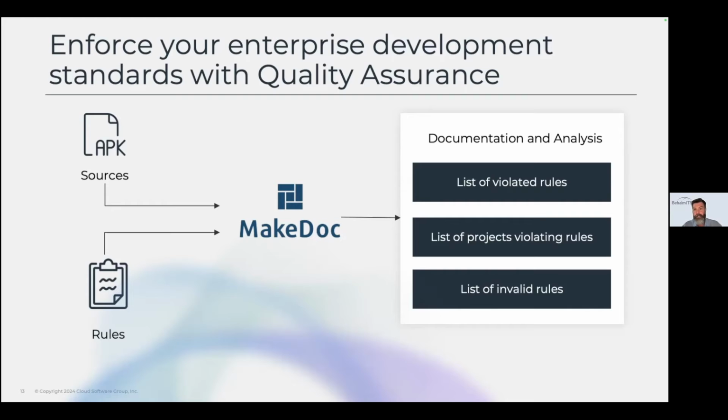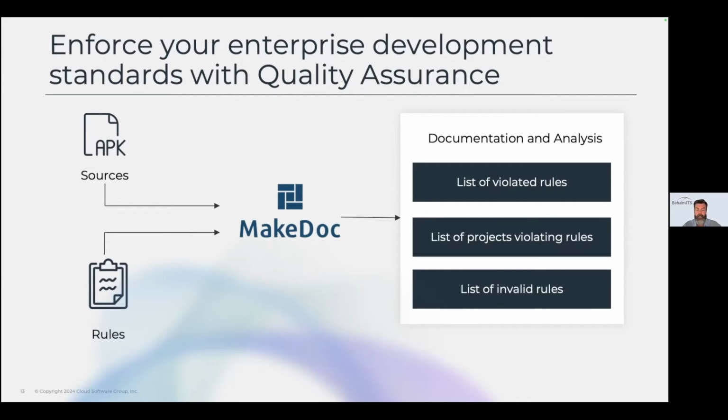Because we also provide an API to extend the existing set of rules in MakeDoc, you can create your own rules based on your naming conventions or your needs within your development team.